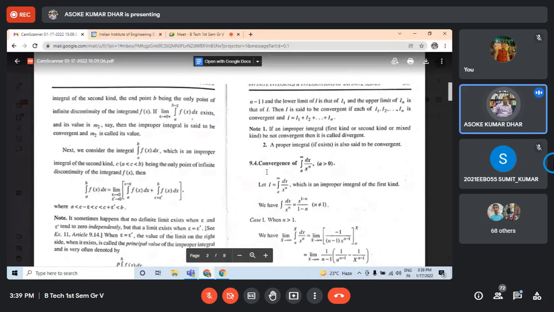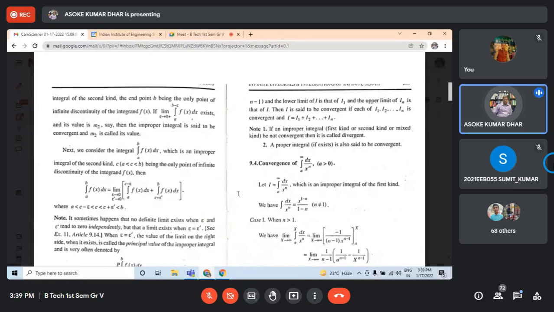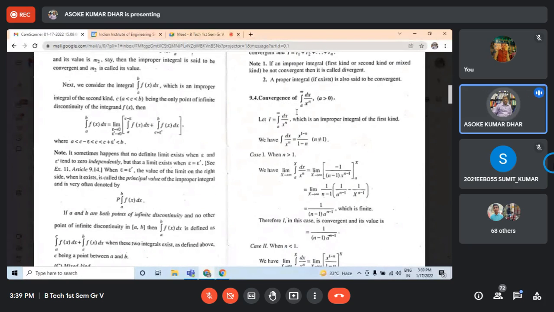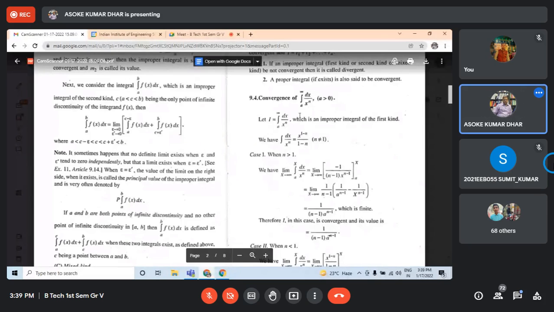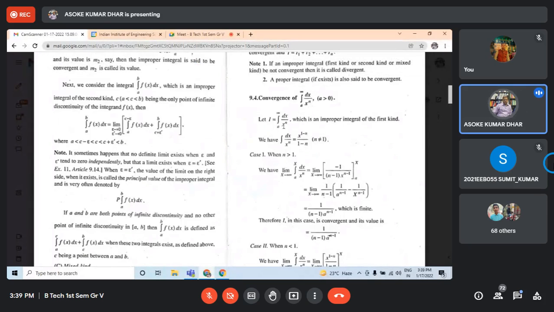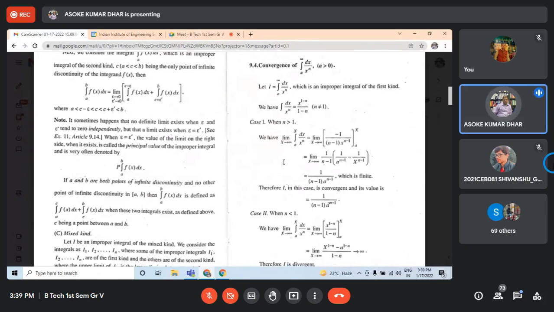Now consider a problem. I hope the theory portion you will clearly understand. Test convergence of the integral a to infinity dx by x to the power n. First take I equal to this. Now the integral of dx by x to the power n is x to the 1 minus n by 1 minus n, plain integration. Now consider different cases, n greater than 1.